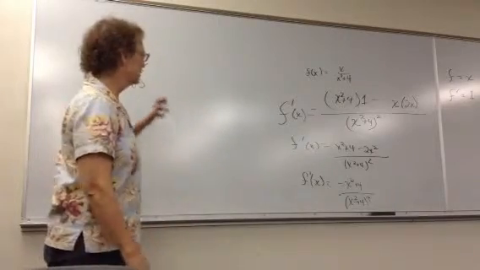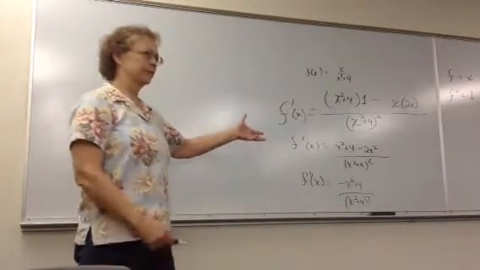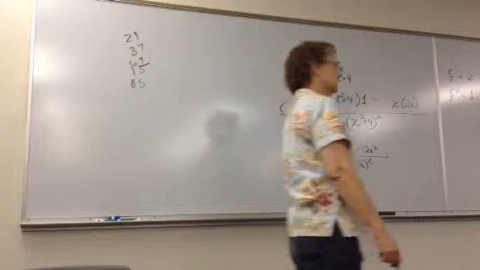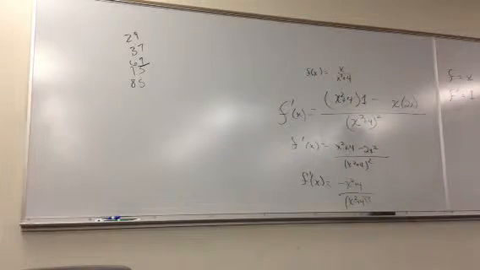All right, so we're looking for where the first derivative is 0 to find the critical numbers. Well, we can't manipulate the denominator at all to make it 0. So really all we're asking for is where is the numerator 0? That's one of the nice things about rational equations.